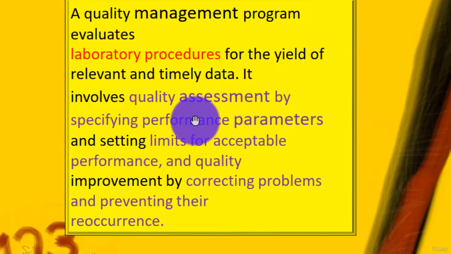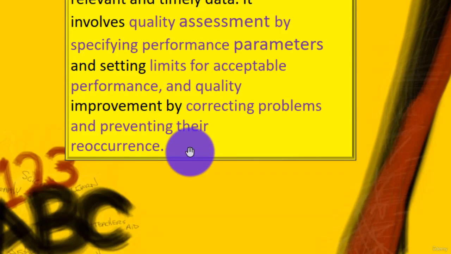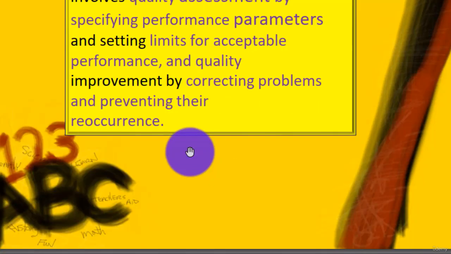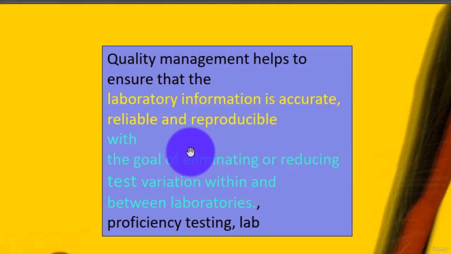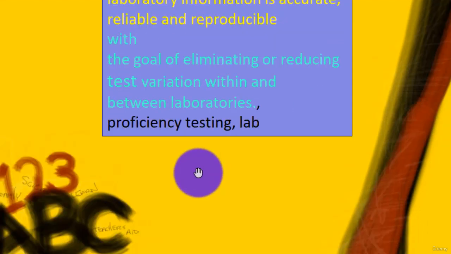It involves quality assessment by specific performance parameters and setting limits for acceptable performance, and quality improvement by correcting problems and preventing their reoccurrence. Quality management helps to ensure that laboratory information is accurate, reliable, and reproducible, with the goal of eliminating or reducing test variation within and between laboratories.